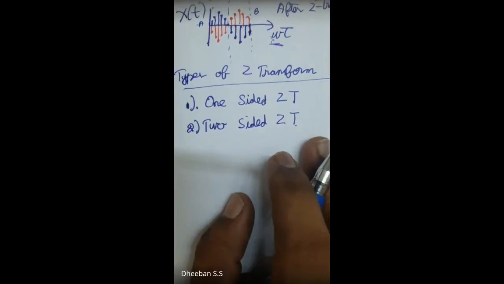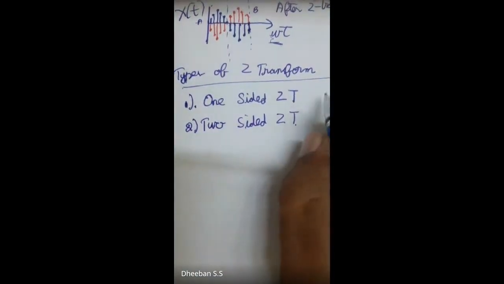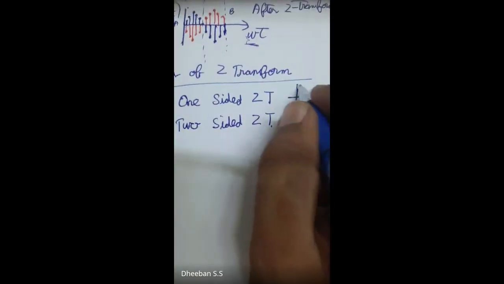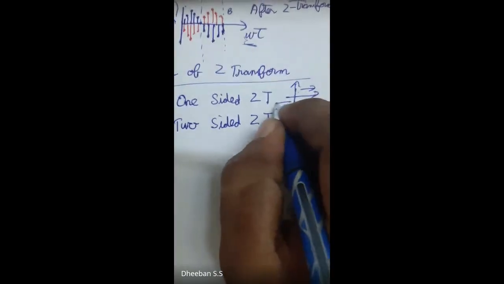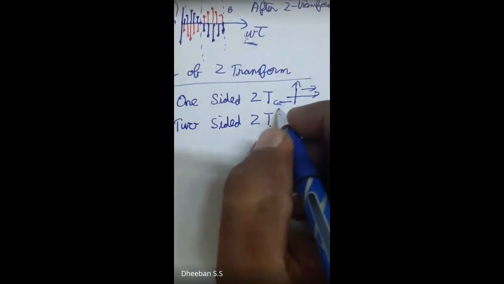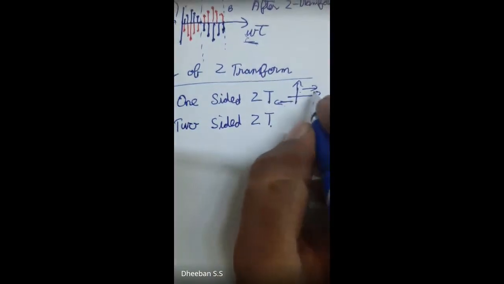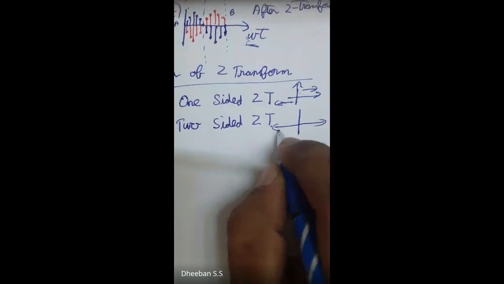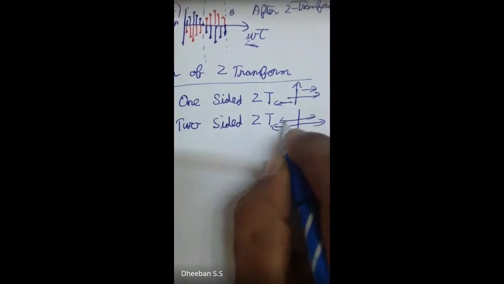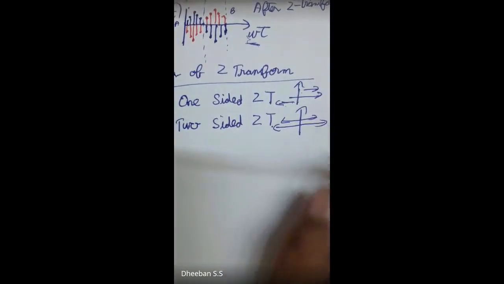If it is on either the positive or the negative axis alone, in the four quadrants, it belongs to one-sided. If it is on both axes, it corresponds to two-sided. That's what one-sided and two-sided transforms are.